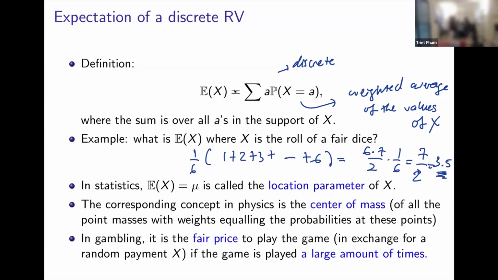So notice that the expectation doesn't have to be one of the values that X can take. It can be something not that. And it is referred to as a location parameter of the random variable. There are others that could probably qualify as a location parameter, like the median maybe, but the average, or the expectation, is usually the one people look at due to the law of large numbers association.